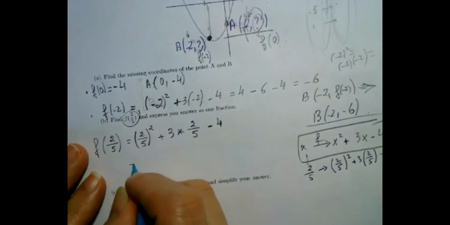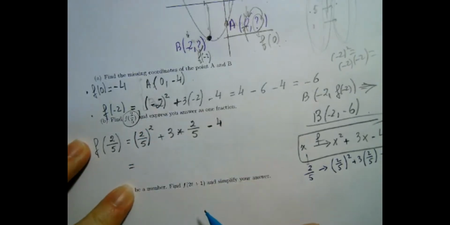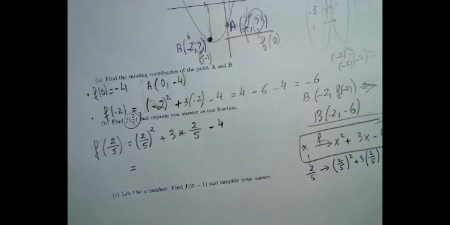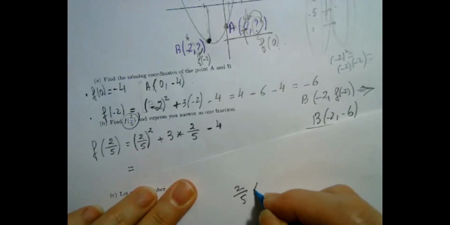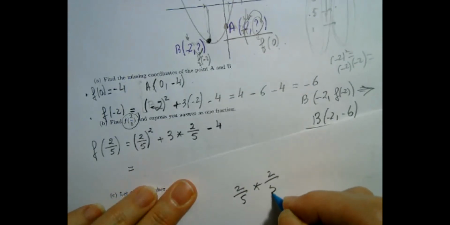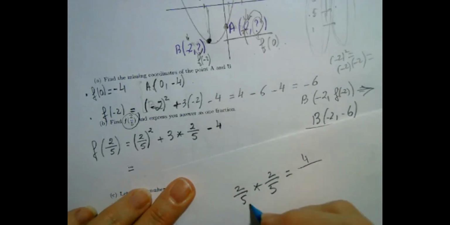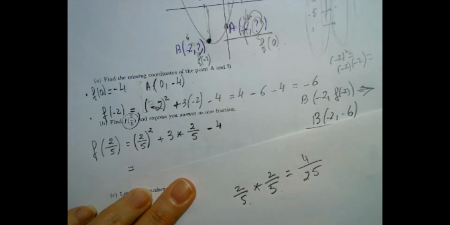It's equal to 2/5 to the power 2. How much is that? Remember, I just tried to remind you, what's 2/5 to the power 2? It's 2/5 times 2/5. It means 2 times 2, it's a 4, over 5 times 5, 25.